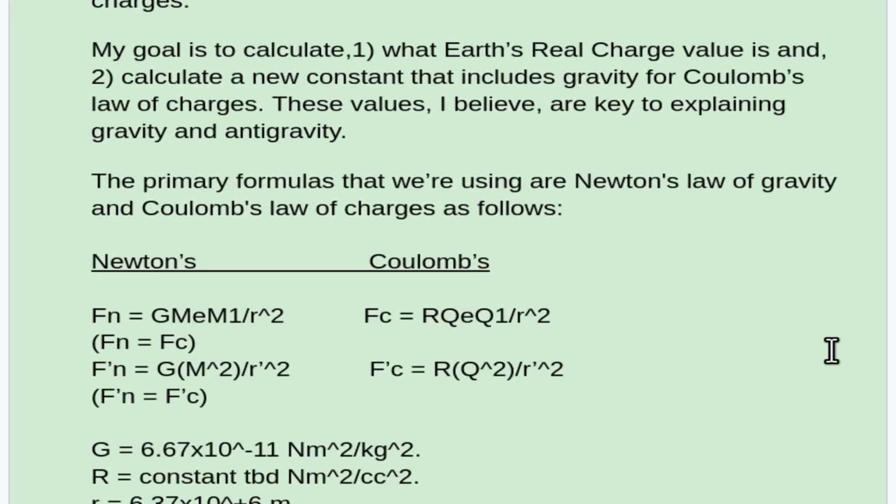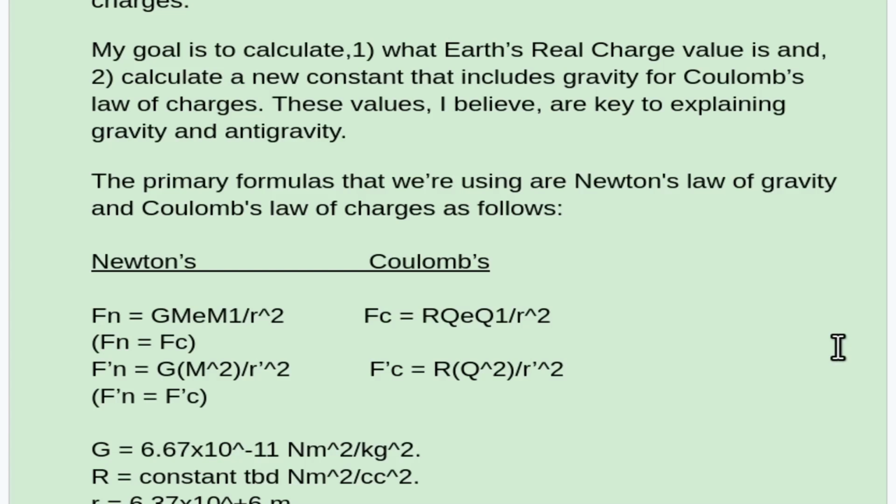Fn, the force, Newton's, is Newton's constant times the mass of the Earth times the mass of an object on the Earth's surface, divided by the distance squared between them. Same for Coulomb's: Fc is Coulomb's constant times Earth's charge times the charge of the object on Earth, divided by the square of the distance between them. Fn equals Fc.